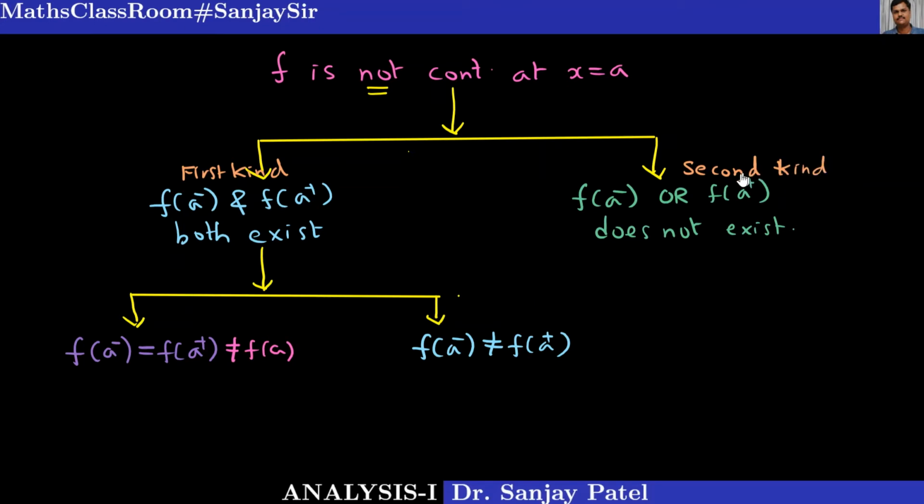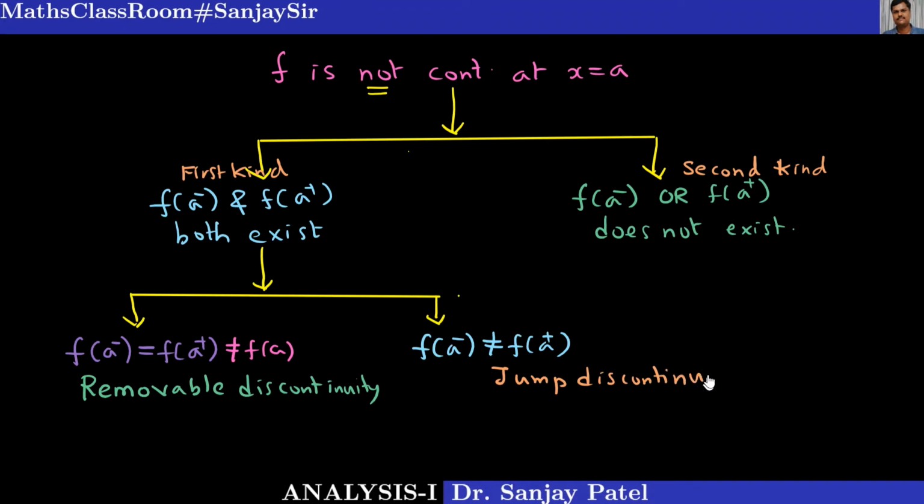And if f of a minus and f of a plus both are equal but not equal to the value of the function, then the function is said to have removable discontinuity. And if the limits are not equal, then it is called jump discontinuity.